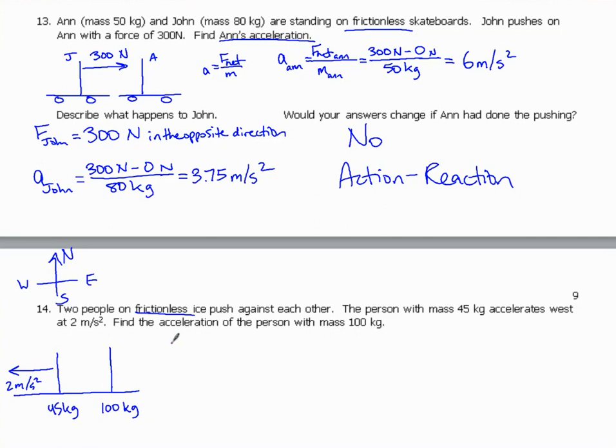So we have to figure out what is the net force acting on my 45 kilogram individual. So remember, net force is mass times acceleration. So the mass is 45 kilograms, and we know the acceleration. It is 2 meters per second squared. So the force that was exerted on this 45 kilogram person was 90 newtons.